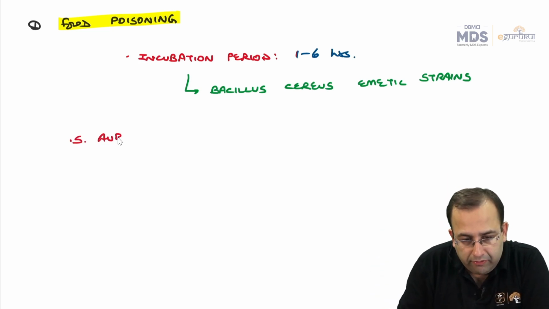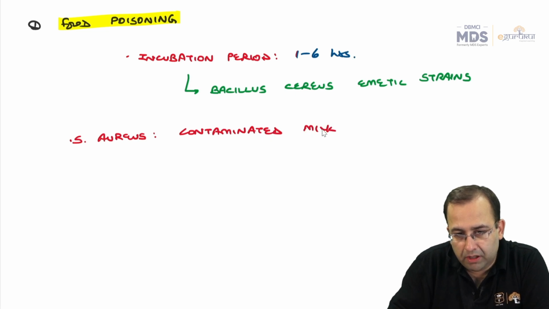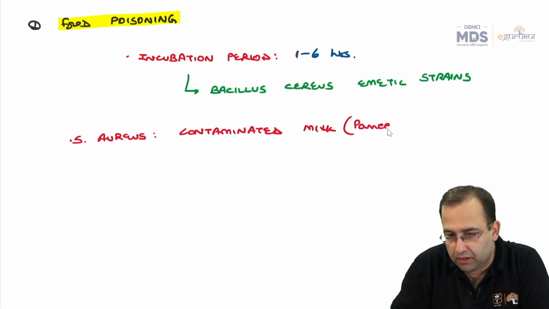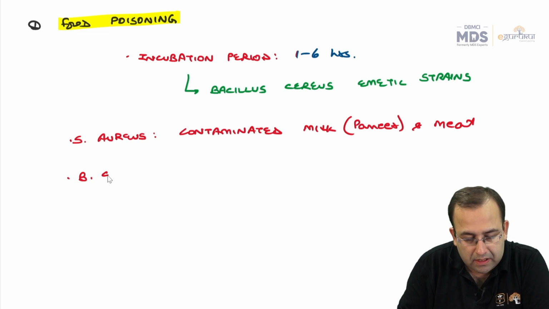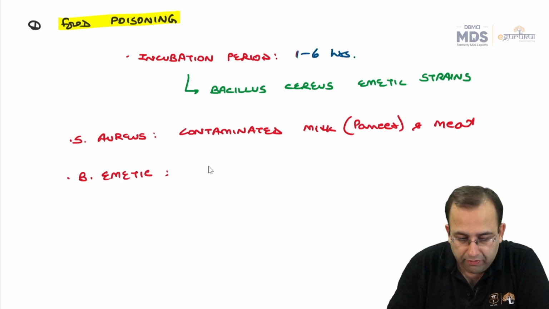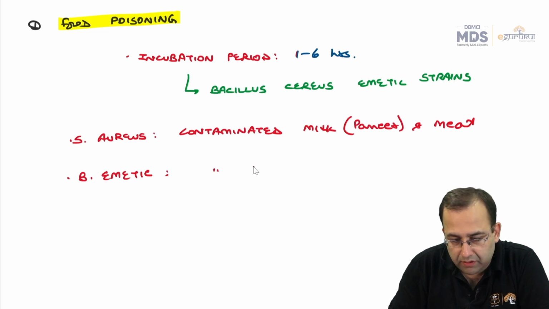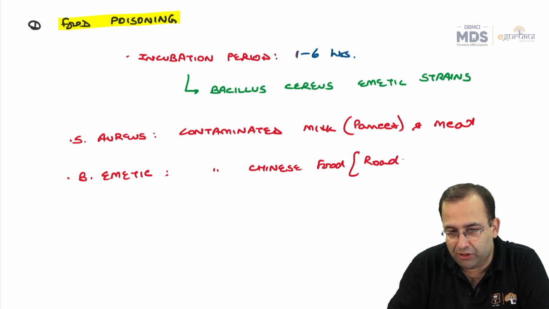Staph aureus food poisoning is because of contaminated milk, that is paneer, of course, and meat, versus Bacillus cereus emetic strains, where food poisoning is because of contaminated Chinese food, that is roadside fried rice and all.